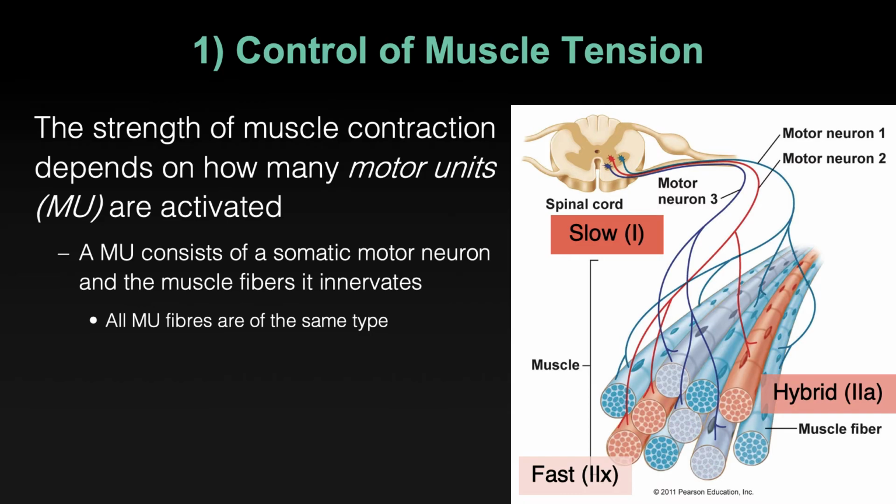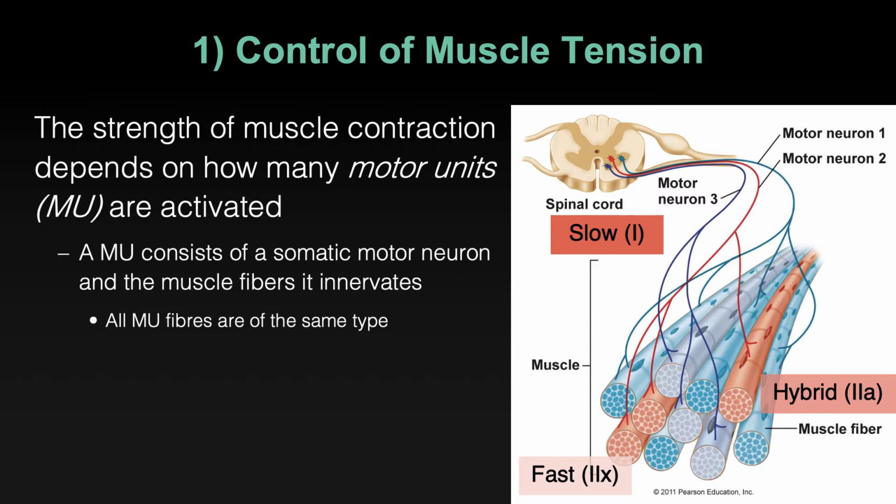So when I start my contraction, if I want a light contraction, maybe I only turn on one of these motor neurons. That activates 3 out of the 9 or 10 fibers on the slide. So I create a force that's a third of my potential force.